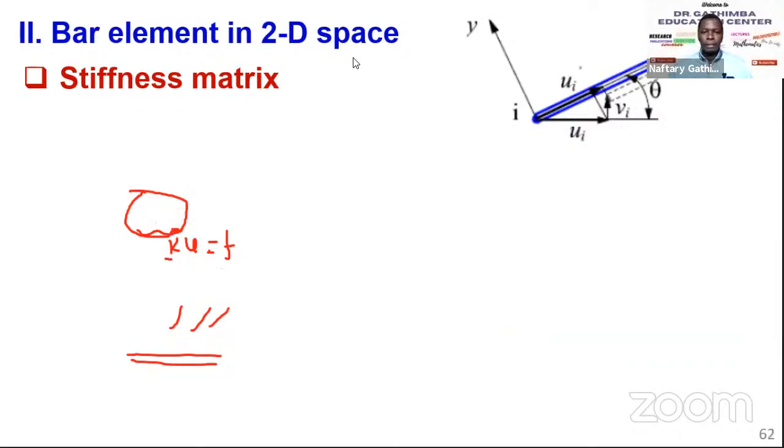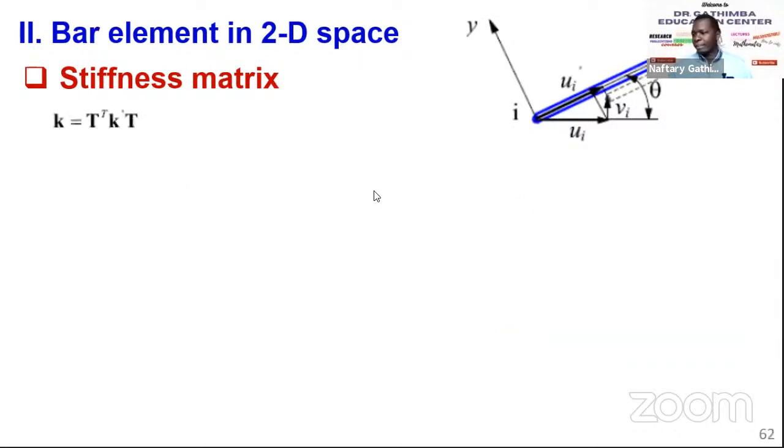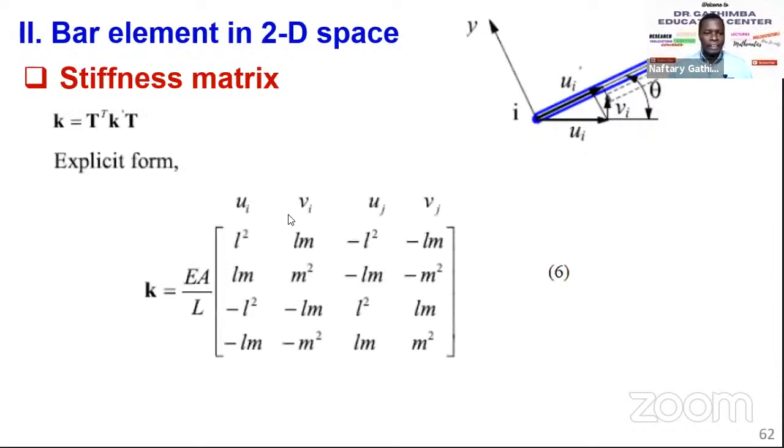And that being said, I have just realized that you have this part of the note, so I should not be moving that slowly. You need to work that out. Just pre-multiplying T transpose K, then K prime times T, you're going to get this equation. And for that person who was asking what is L and M, again, we have used it here. L is cos, M is sine.